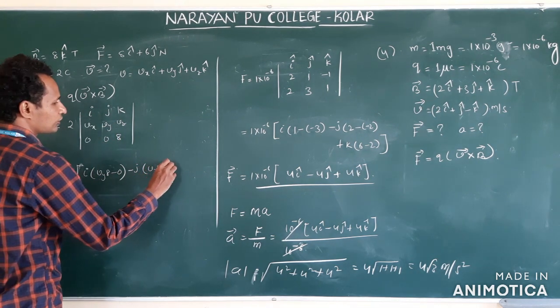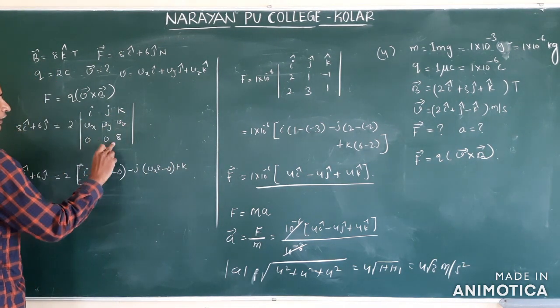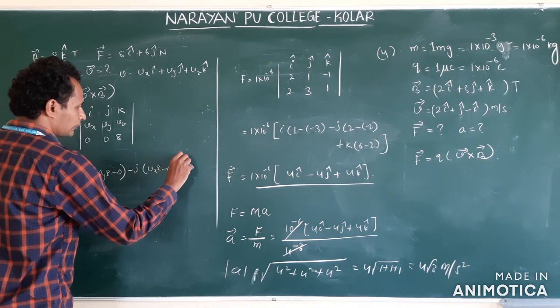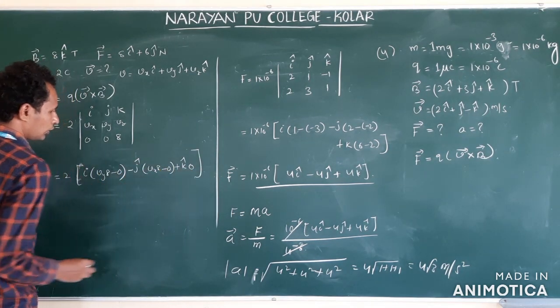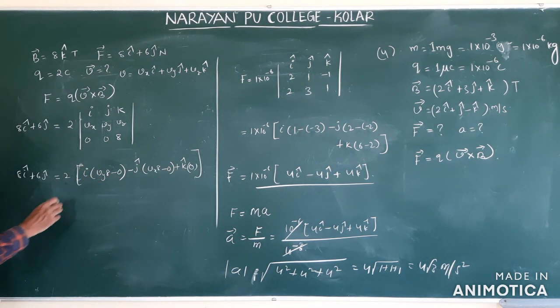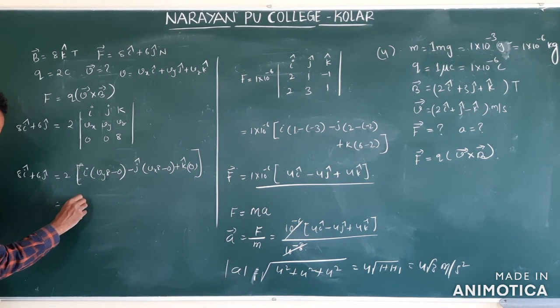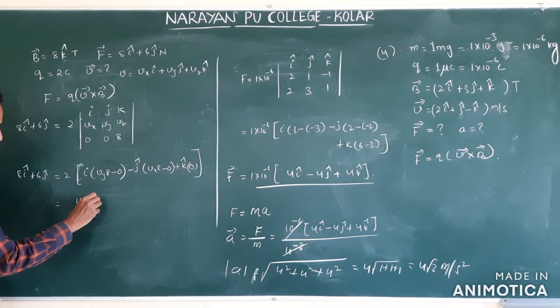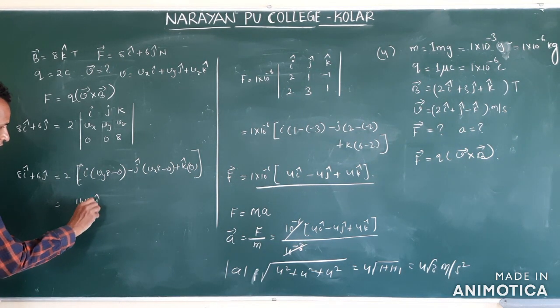Vx 8 minus 0. Plus k, leave this row and column, you will get 0. Now this will be multiplied by 2 inside. 2 into 8, 16. So 16 Vy i cap. Sorry, this is i cap.